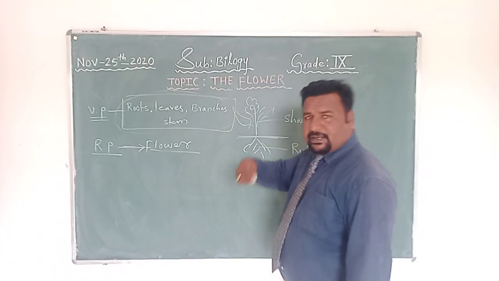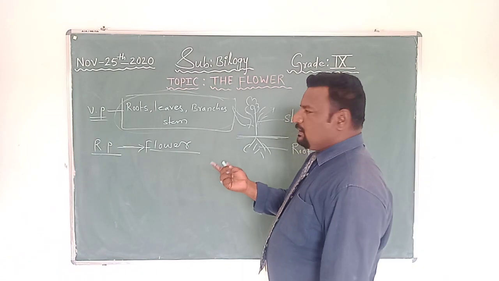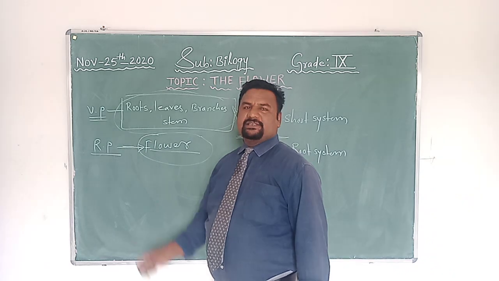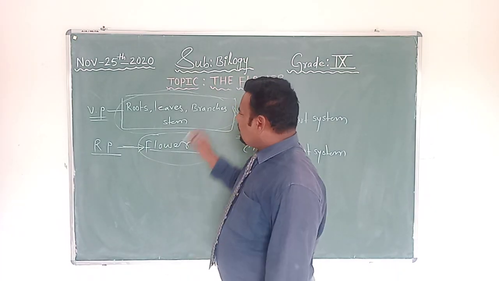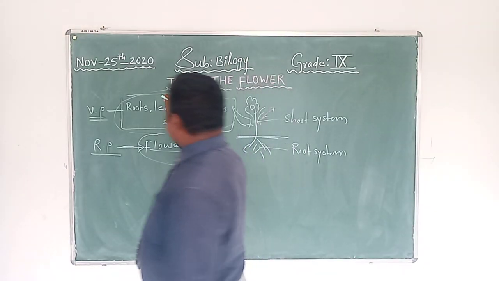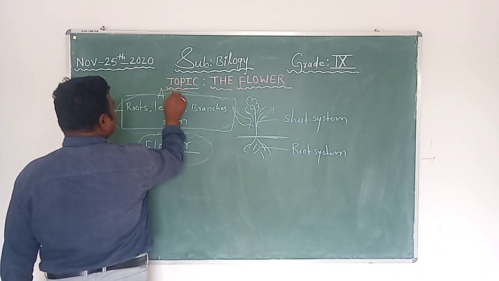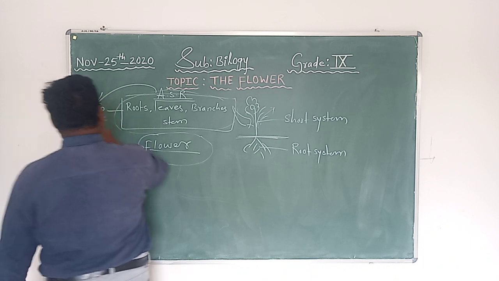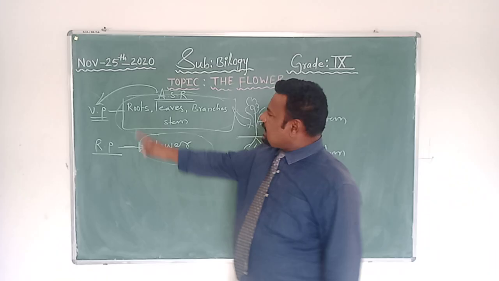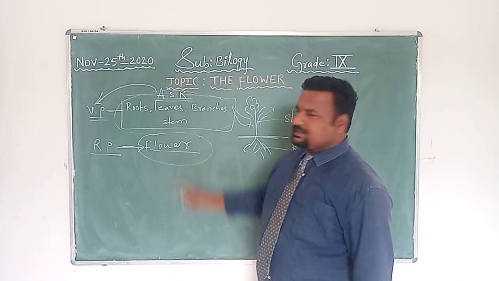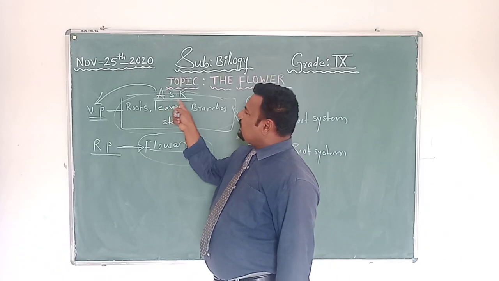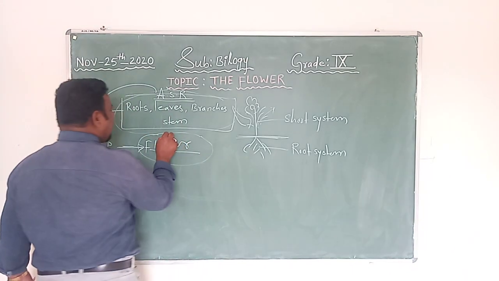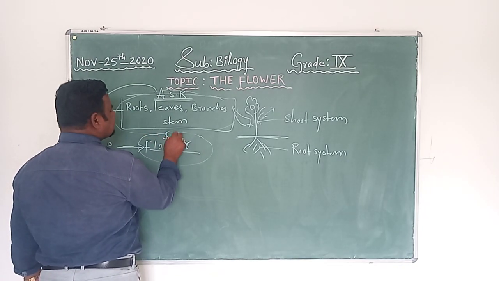If a plant is reproducing a new plant with the help of a flower, then that is sexual reproduction. So asexual reproduction in plants takes place with the help of vegetative parts like roots, leaves, branches and stems, and a flower is involved during sexual reproduction.